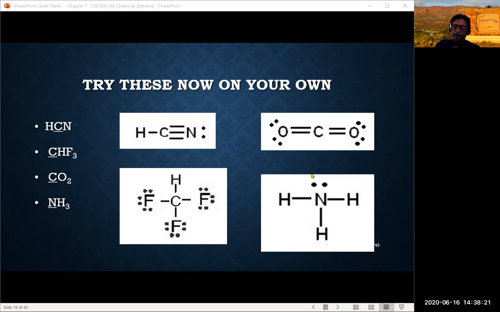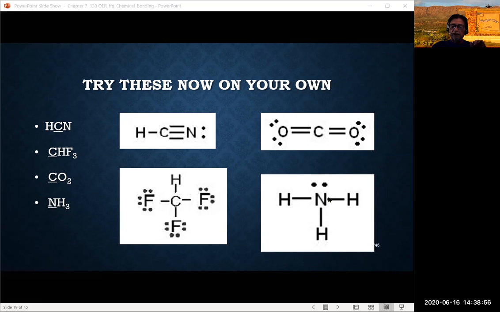So B would be 3. Does the central atom have any lone pair on it? Yes. With that information, what does that tell you about the general formula? Exactly. AB3E. Exactly.